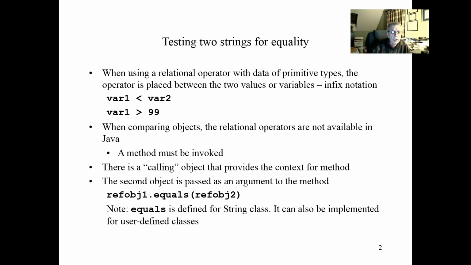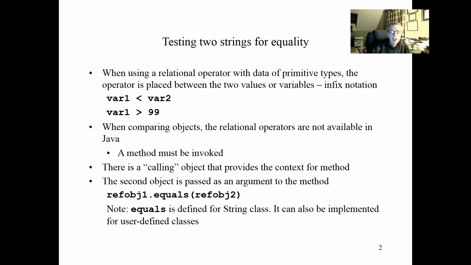This is how we call the equals method for object 1. But remember, this is a binary operation when we're comparing for equality or any of the other relational operators. So therefore, object 1 must be compared to something else.